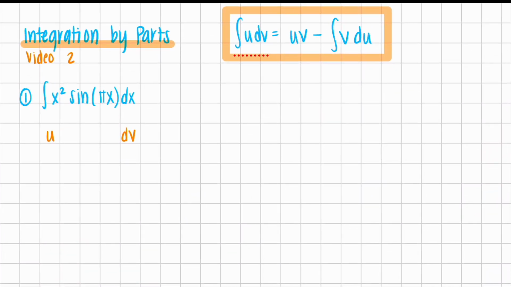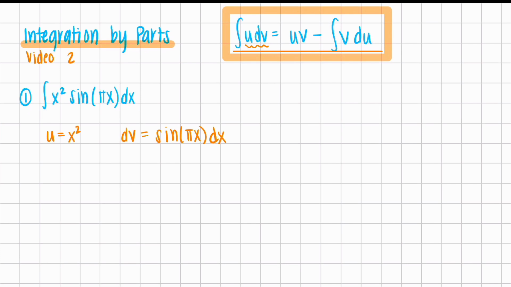If we need to, let's revisit our integration by parts formula. We start with a problem that has a u and a dv in it. So for this example, let's make u equal to x squared, dv equal to sine of pi x dx.